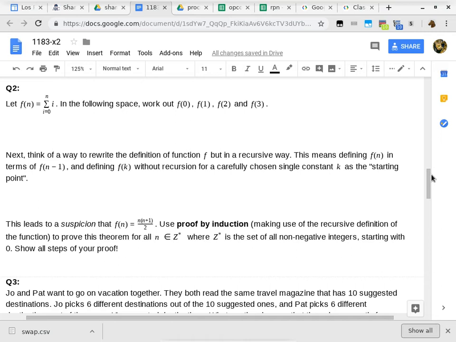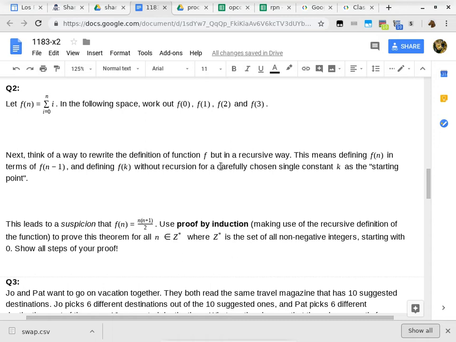F of 3 is 6. Is that okay? You have to put those numbers here, just so that you show me that you can figure out the function of a particular value. Okay. So the next paragraph says, next, think of a way to rewrite the definition of function f in a recursive way.